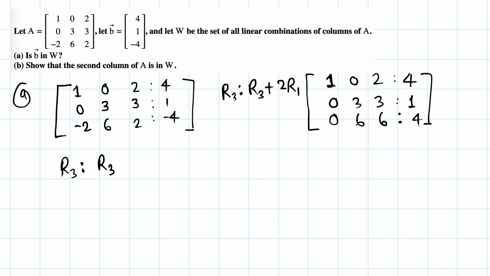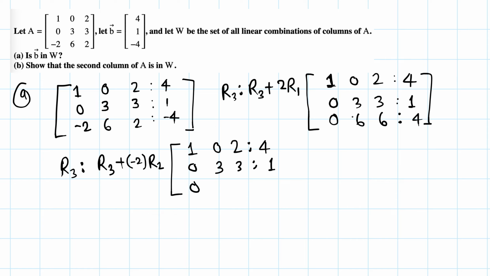So R3, let's multiply R2 by negative 2. Negative 2 times 3 is negative 6, and 6 will be 0, right? So R3 plus negative 2 times R2. Here we have 0, 3, 3, 1. Now 0 stays 0.